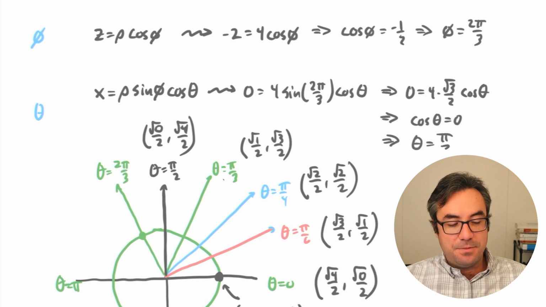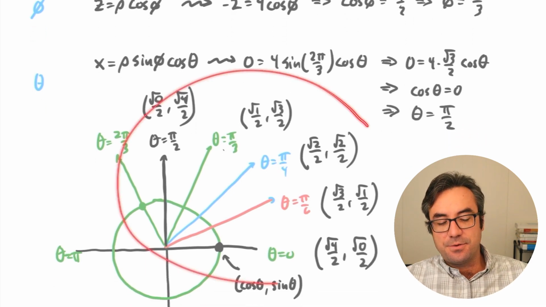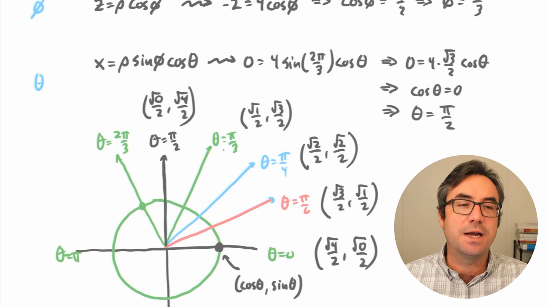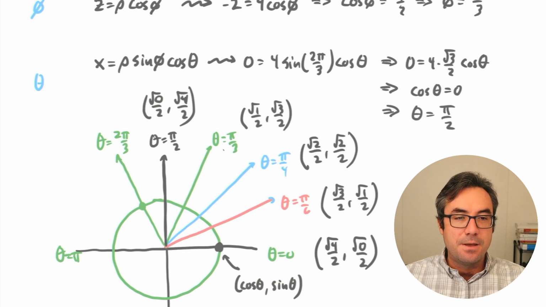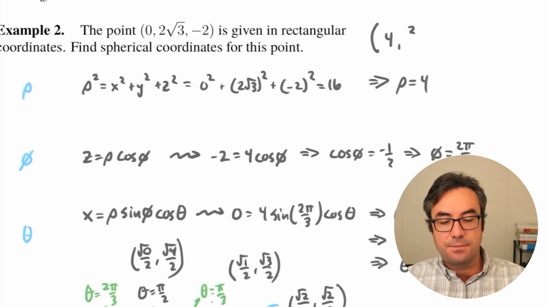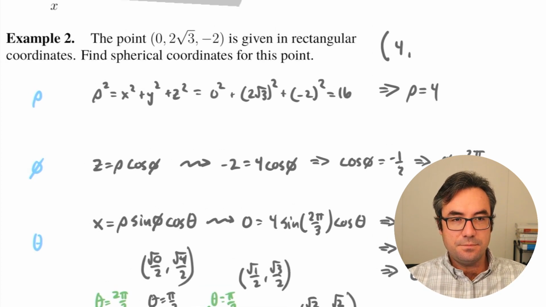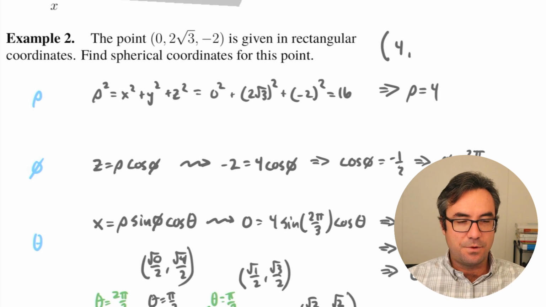All right, so again, you could just use the inverse cosine function as well, but just a little trick, so maybe you can start memorizing these as well. All right, so now we just put it all together. And so what we found is that in spherical coordinates, our point was 4, comma, what did we find?